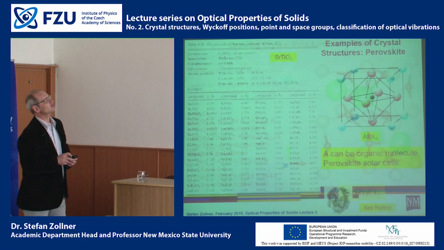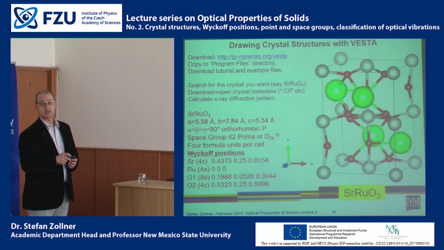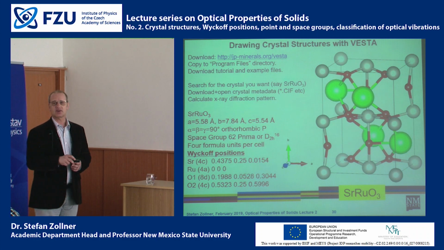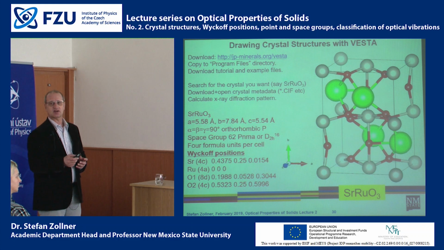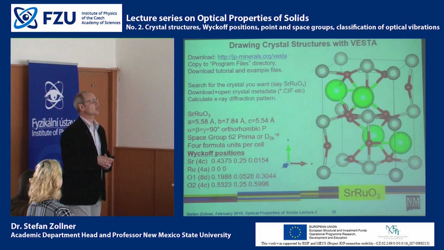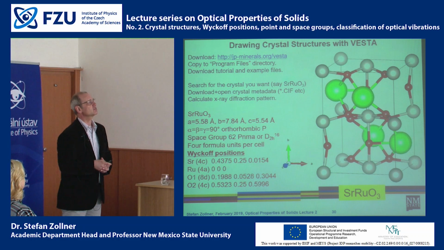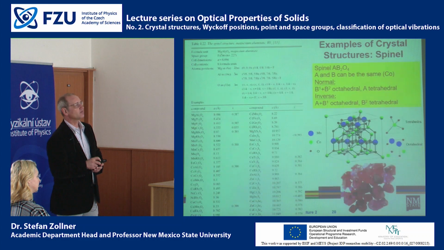So if you have an arbitrary material, strontium ruthenate, let's say, and you do a Raman experiment, which atomic vibrations in this lattice would you expect to see in a Raman spectrum? And what type of reflections, what type of peaks would you expect in an infrared ellipsometry spectrum?